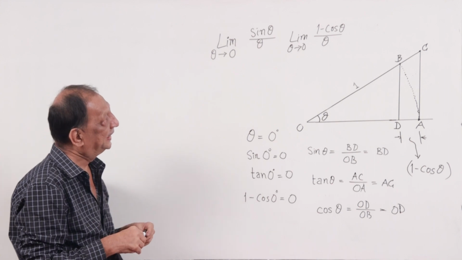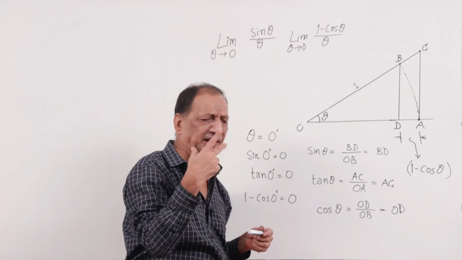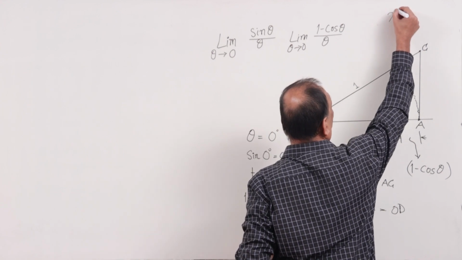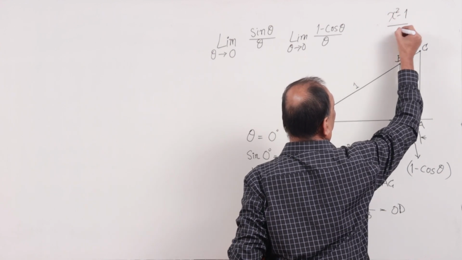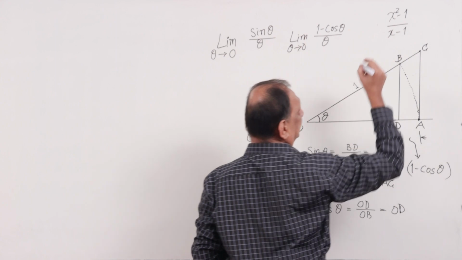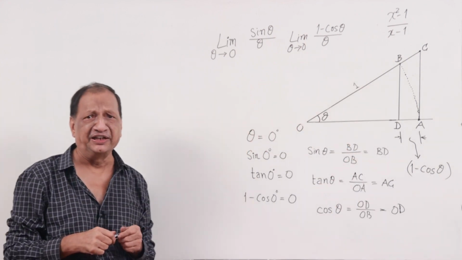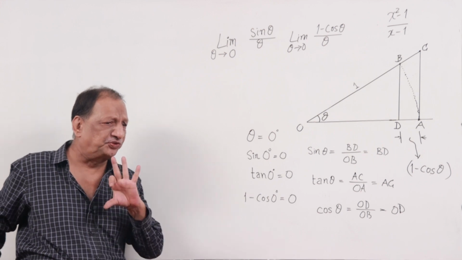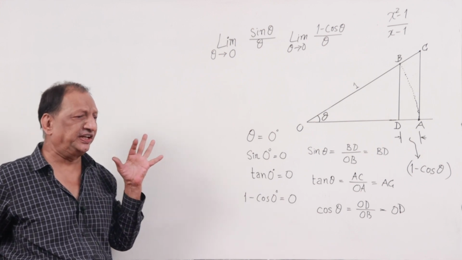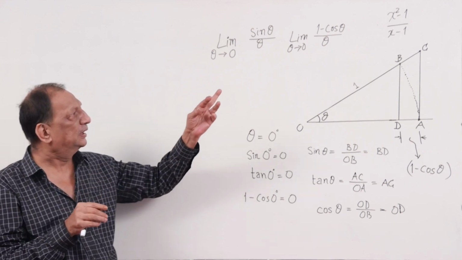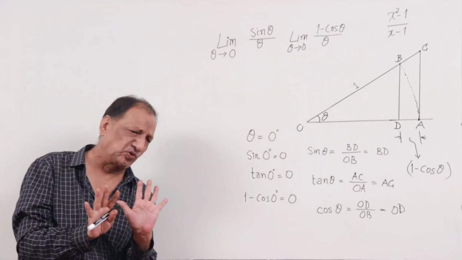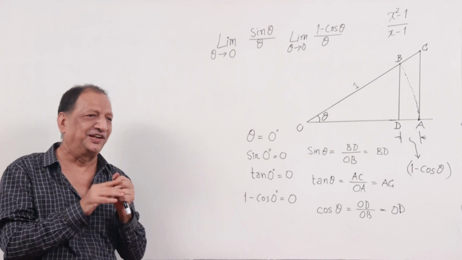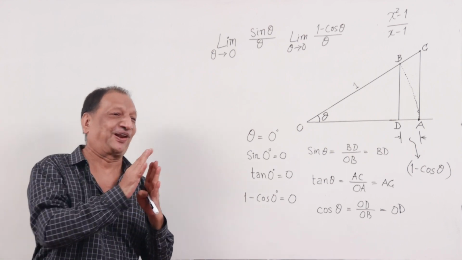That's the question. In fact, if you remember an earlier example that we had worked out, we had x squared minus 1 divided by x minus 1. When x equal to 1, this was indeterminate, correct? 0 by 0. We cannot substitute x equal to 1 there, but we are saying x approaches 1. X minus 1 approaches 0, no questions. X squared minus 1 also approaches 0. The only question is, which is faster?